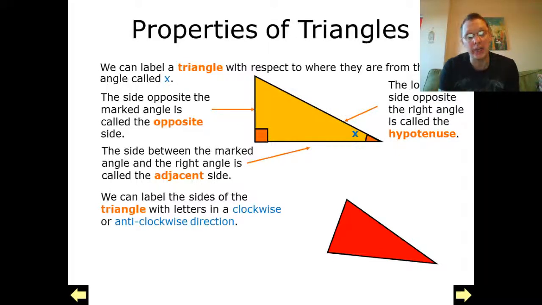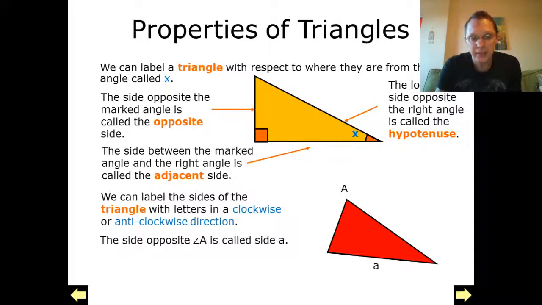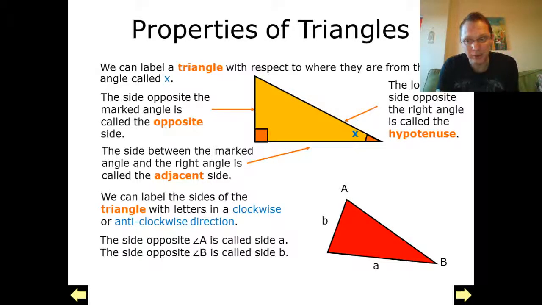But when we are labeling triangles, we can actually label them using letters. A lot of the time they are labeled in a clockwise or anti-clockwise direction. So the first one that I've got labeled here, I've labeled my angle with a capital A, and the side opposite the angle I've labeled with little a. Done the same for B, labelled a vertex with B, and I've labelled the edge opposite the vertex with a smaller b.